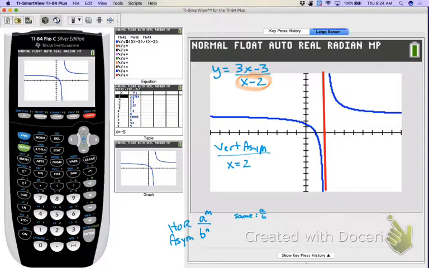So I have a horizontal asymptote here at 3. Both graphs are getting closer to that y equal to 3.